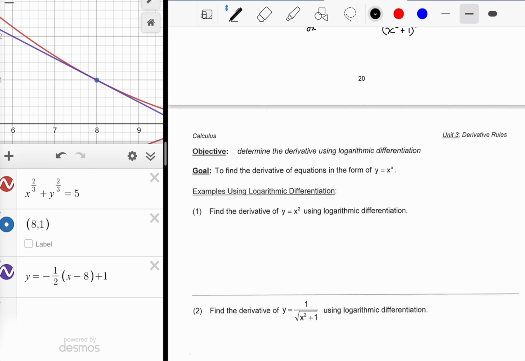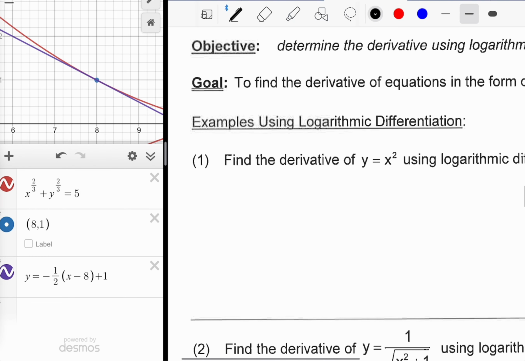The first one you look at and you say, well, isn't that just 2x? And I say, yeah, but we're going to do it using logarithmic differentiation. The benefit of log differentiation is it allows us to take products and represent them as sums. It allows us to take exponents and represent them as coefficients. And it allows us to take quotients and represent them as differences. All right?